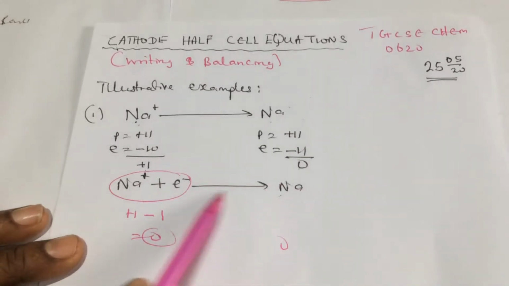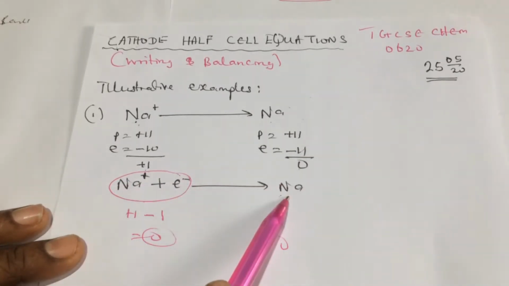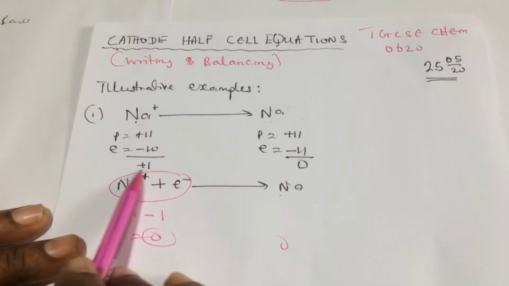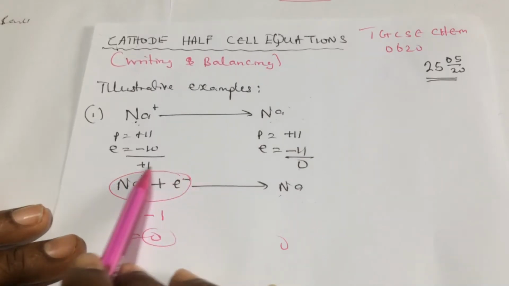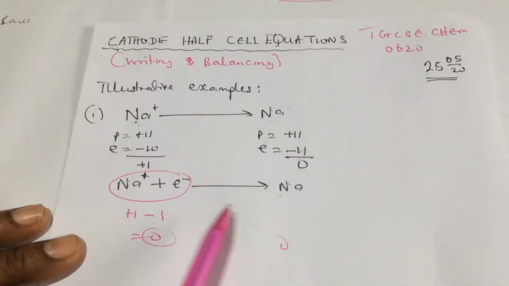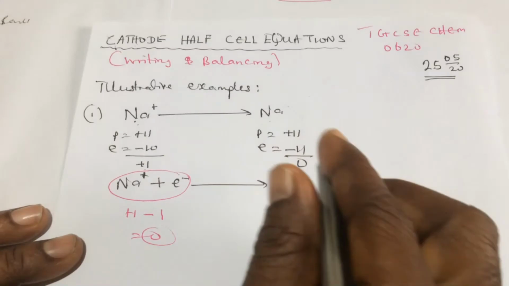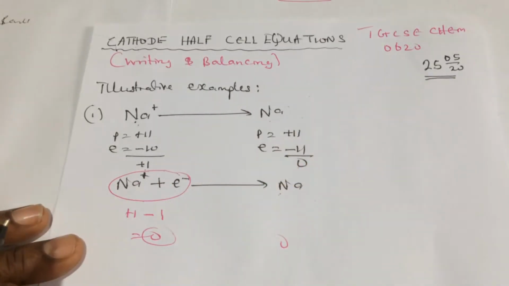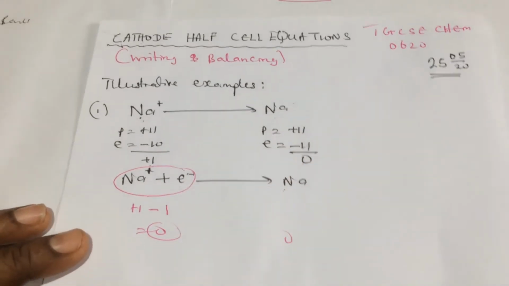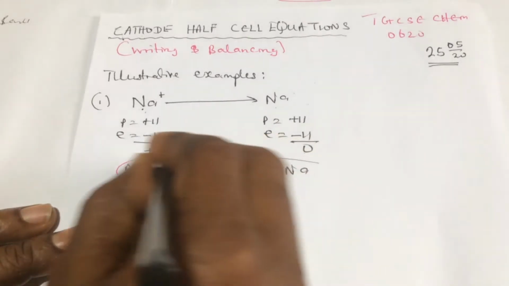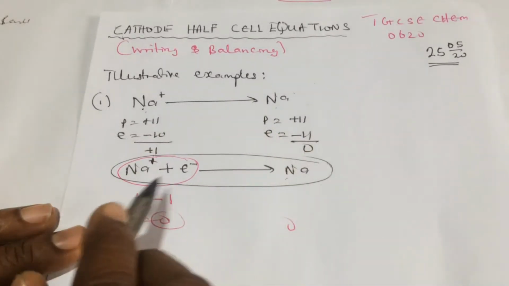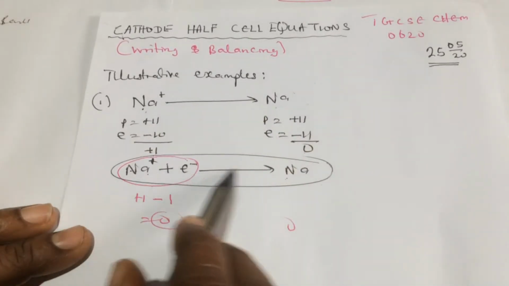So this is when the number of atoms are the same and the total charge on each side is the same or equal. That means it is balanced. So this is the cathode half-cell equation for sodium. This very one, this is how you write it: Na+ plus an electron gives you Na.